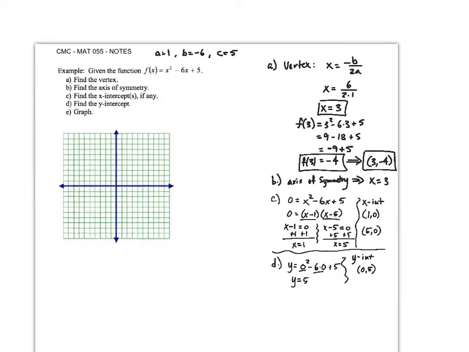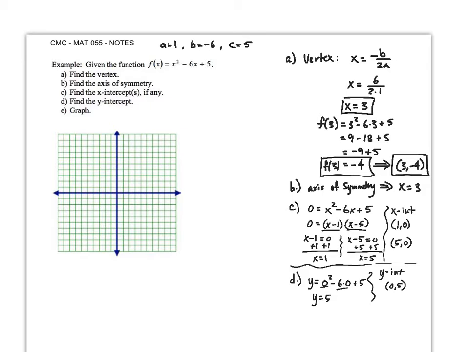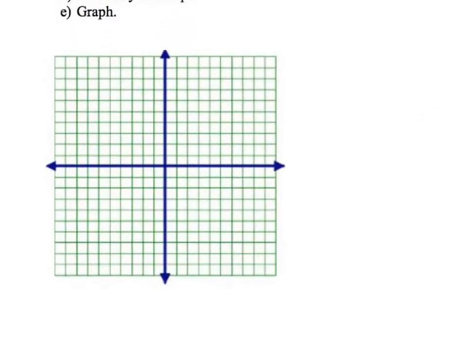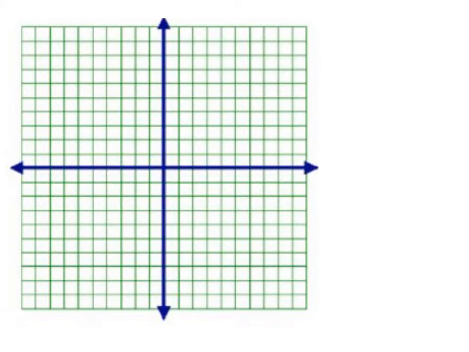So let's find my vertex here, 3, negative 4. So let's go over 3, 1, 2, 3, and down 1, 2, 3, 4.